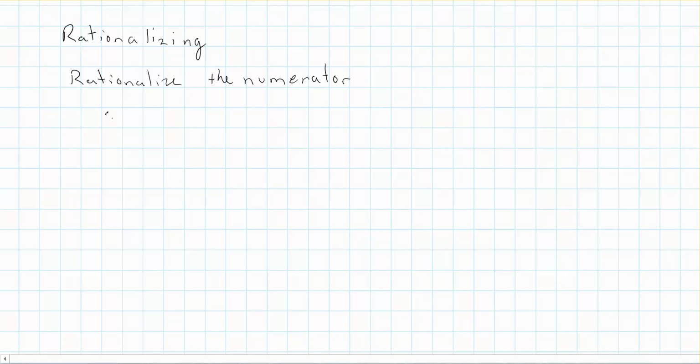So let's look at 5 square root of 3 over 2. If we're rationalizing the numerator, that means we want the numerator to contain no radicals.